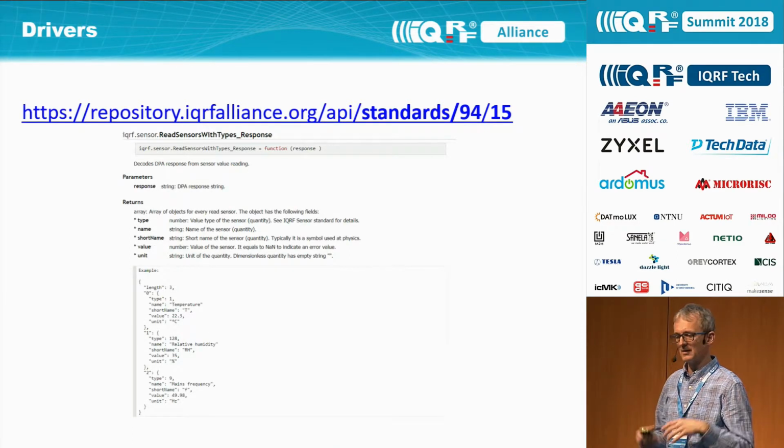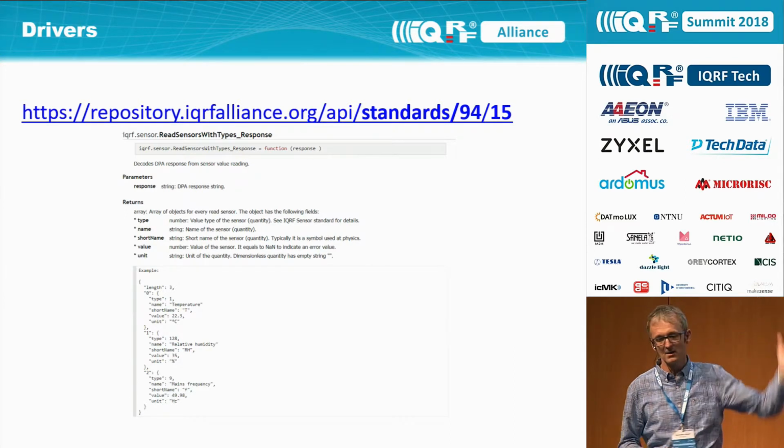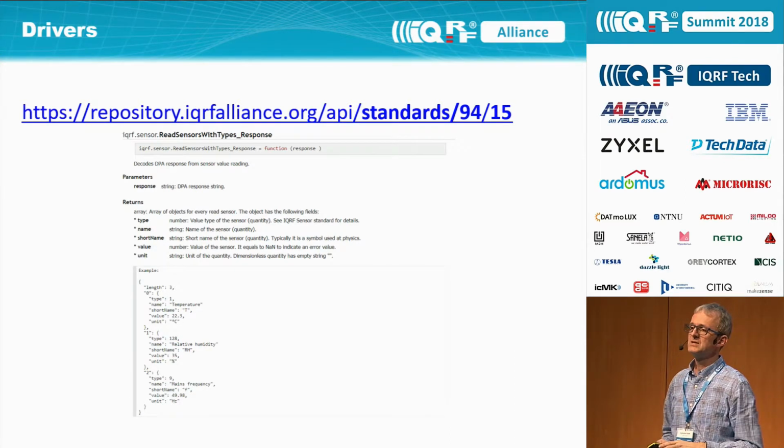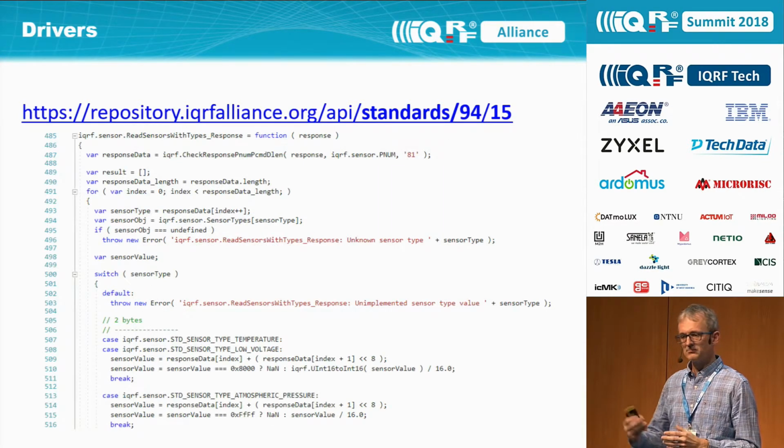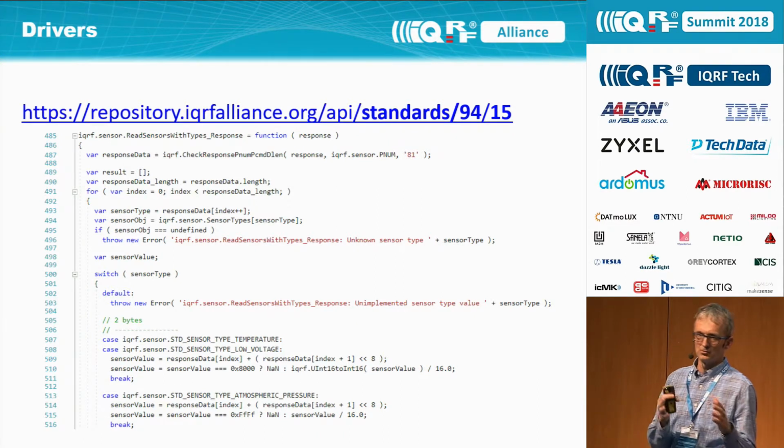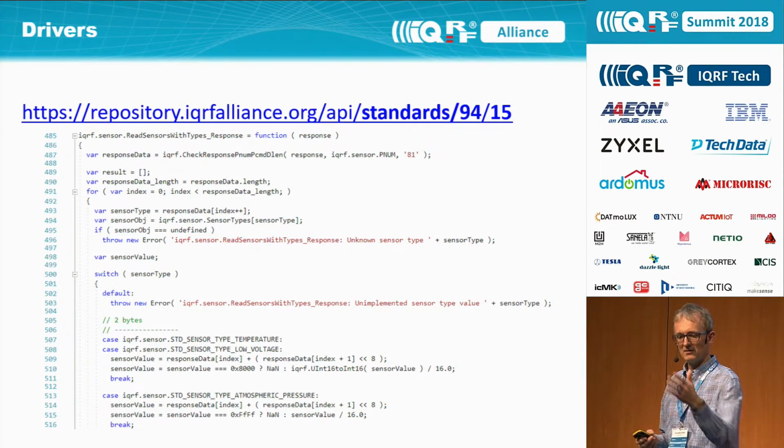The standards and the drivers are fully documented. So this is a piece of the documentation from the web. So for instance, this is the routine to construct a command to read the standard sensor. And at the very bottom, the JavaScript you don't have to care about, we wrote it, is the following.